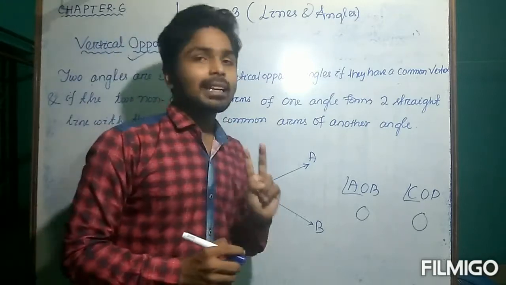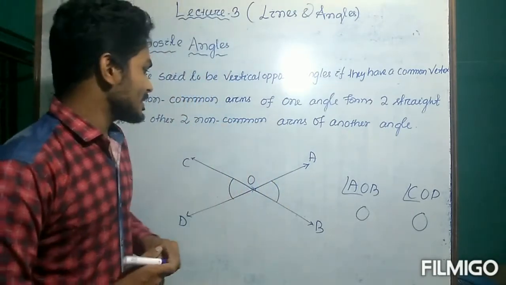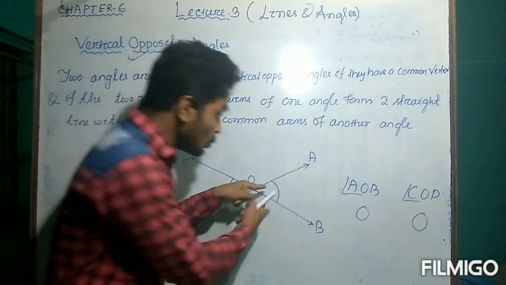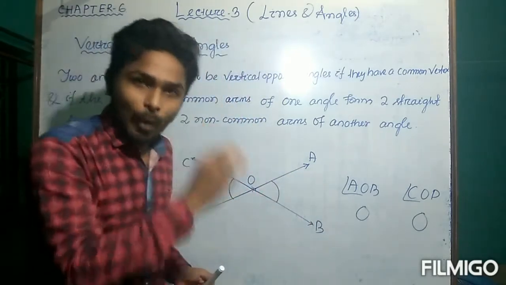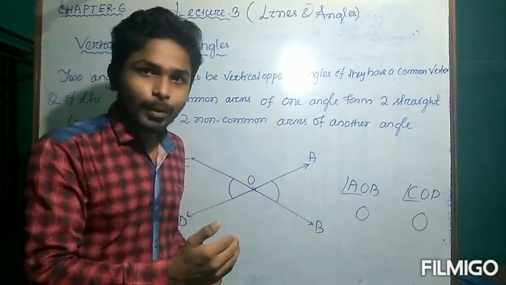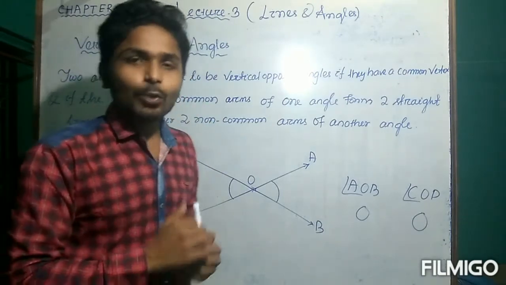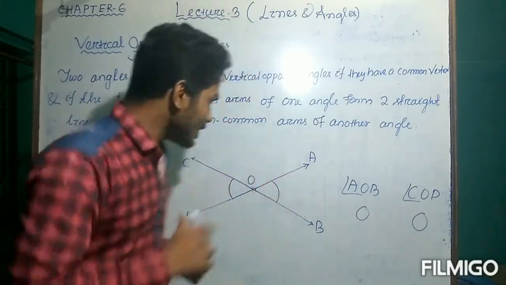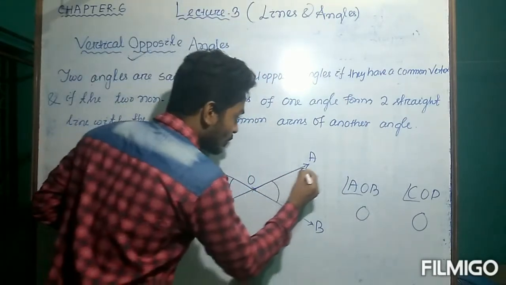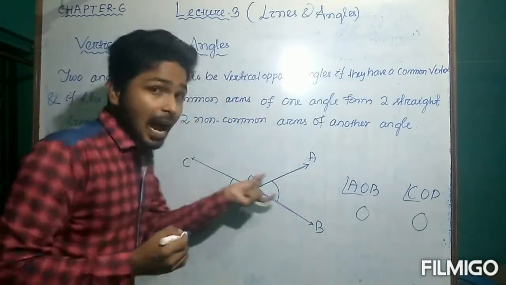Now coming to the second condition. The second condition is that the two arms of one angle form two straight lines with the two arms of the second angle. Again let me remind you, these rays are known as arms.